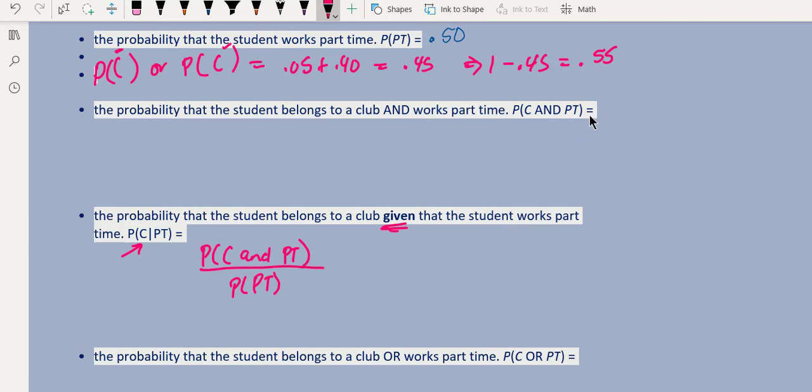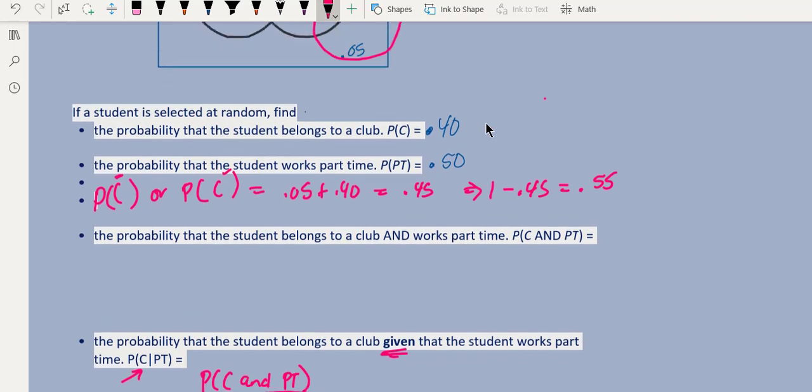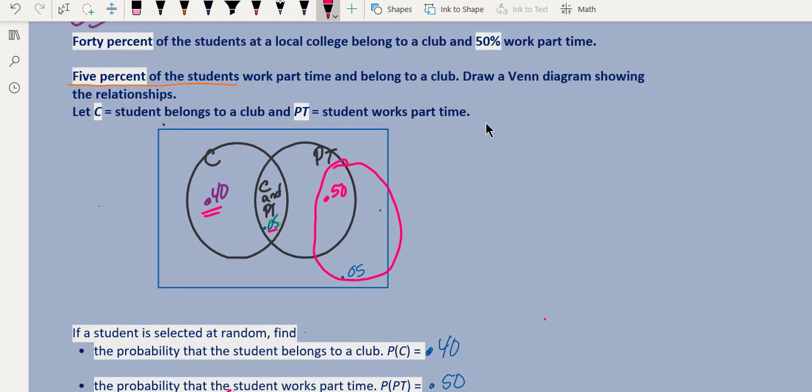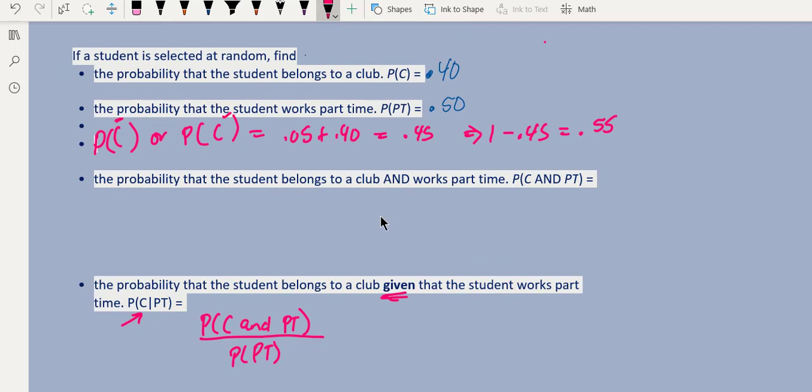Now, I did kind of skip over this, but the probability of C and P, college and part-time. Well, that was easy. It says it up here in the information. The probability of those both is 5%. So 5% in decimal is 0.05. I just didn't rewrite it down.